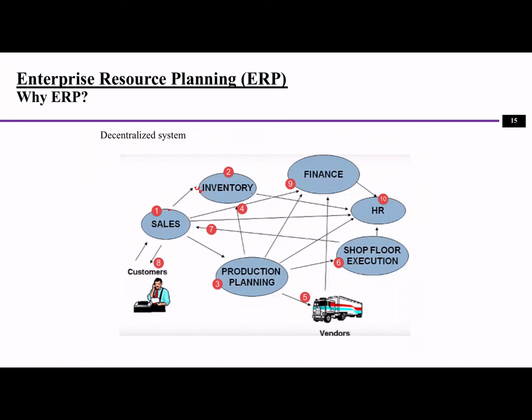Then inventory is going to talk to HR. I don't have enough people to help me out. Or inventory is probably going to talk to the production shop floor. Say, hey, what do we do? So you can see all these communications are only between two of them, right? There's never an information hub that all the different functions can access. That means the information is not shared. There's inconsistency of information in this. So that's why decentralized systems usually have this kind of issue.